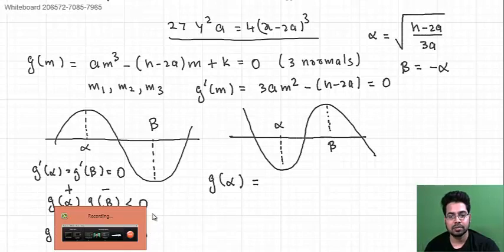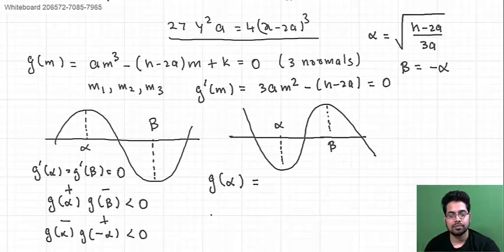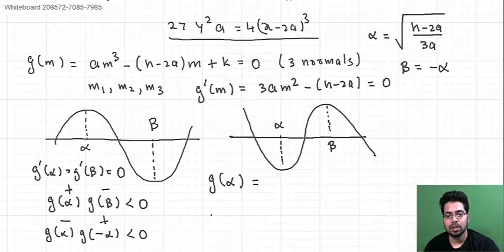Fine. Now g of alpha, what I'll do, I'll put instead of m, alpha, so I will take alpha common.